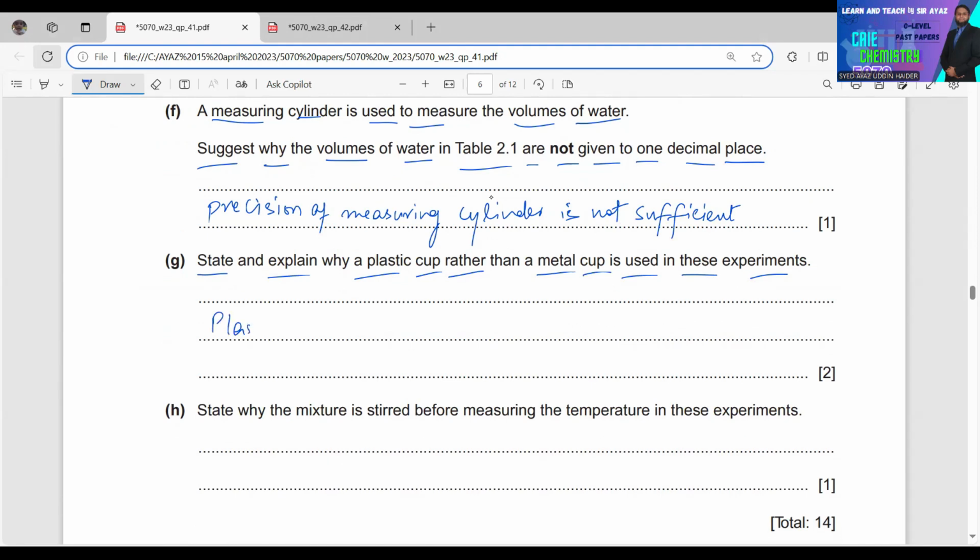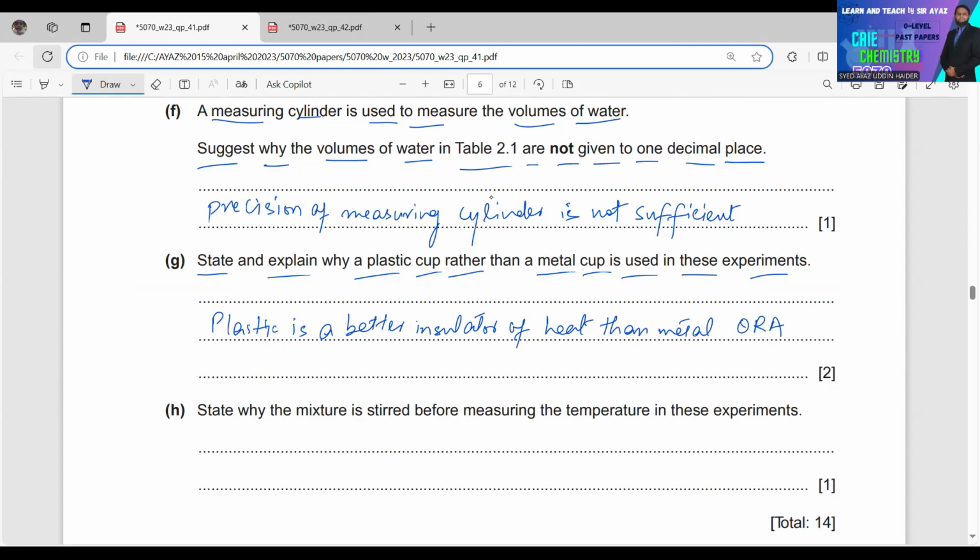Plastic is a better insulator of heat than metal.